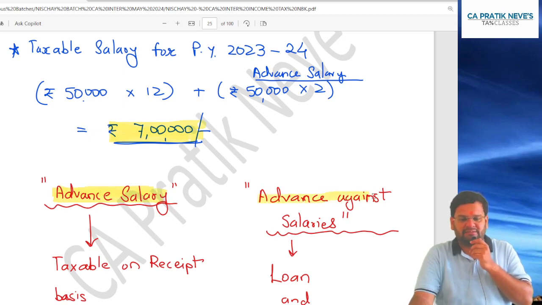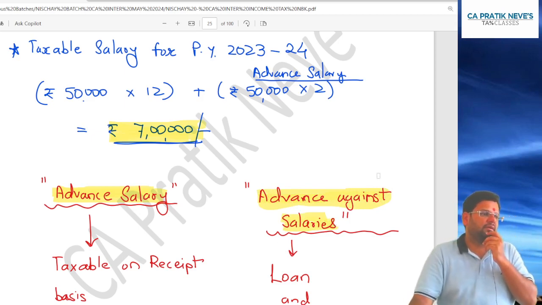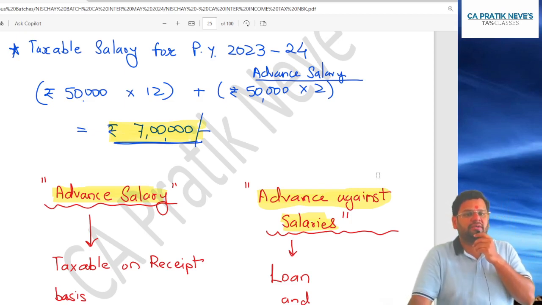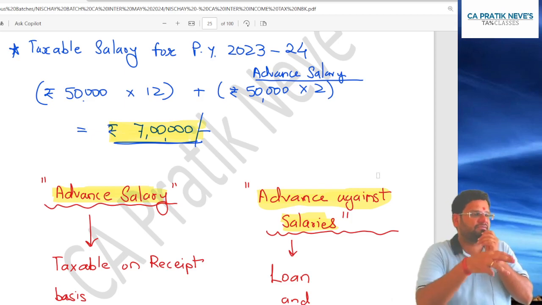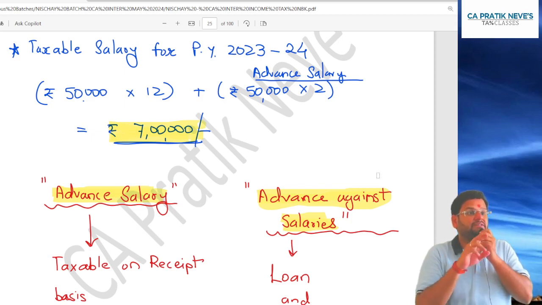Advance against salary is in the nature of a loan from the employer, isn't it? So what will happen? It will become taxable in that PY in which salary is actually received, which means when salary becomes due, at that time it will become taxable.